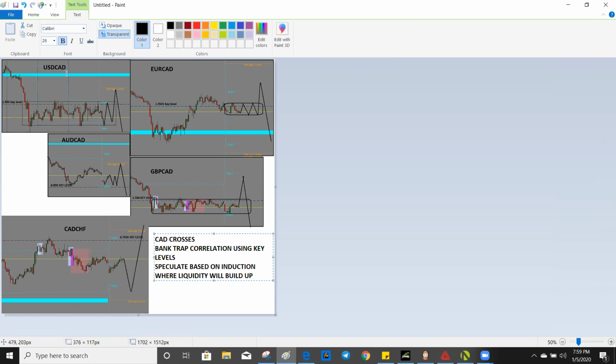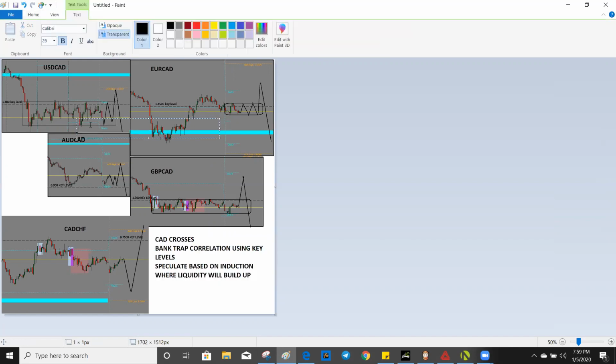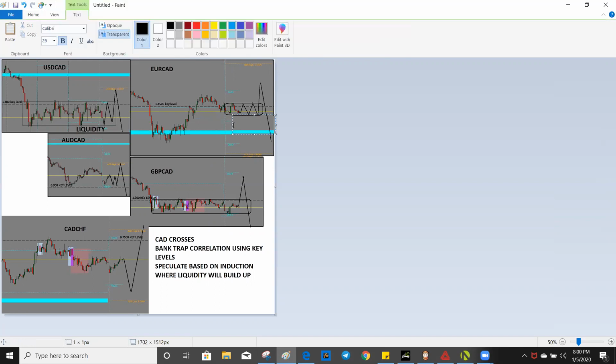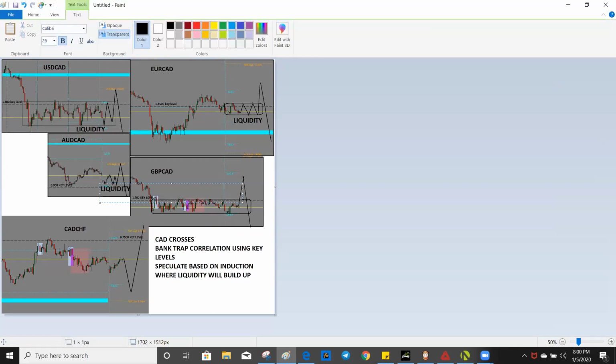So if it breaks to the high, then obviously you could expect liquidity to build up to the downside of buyers' stop losses, right? Same here, liquidity here.